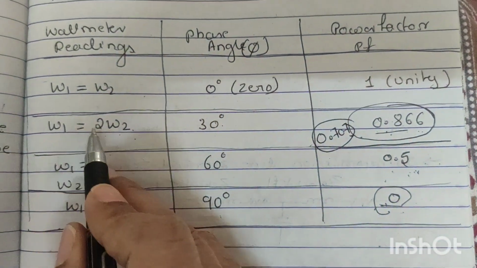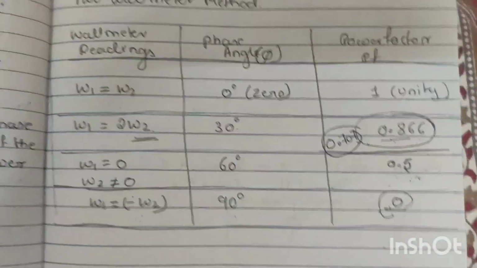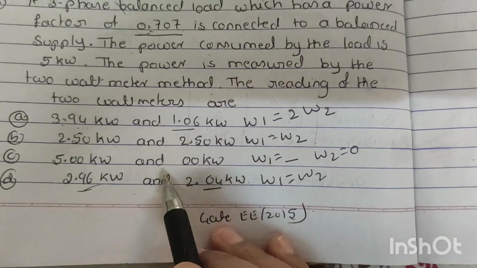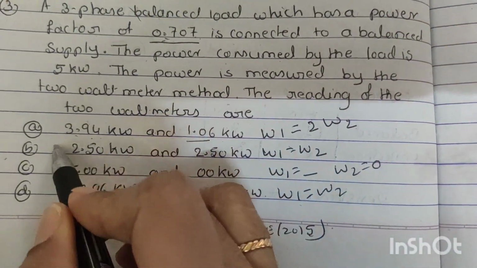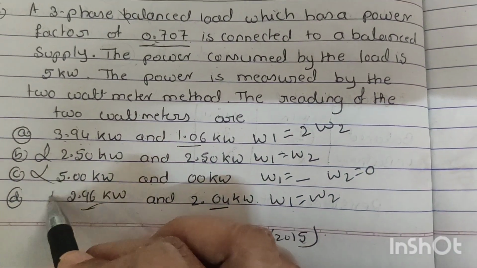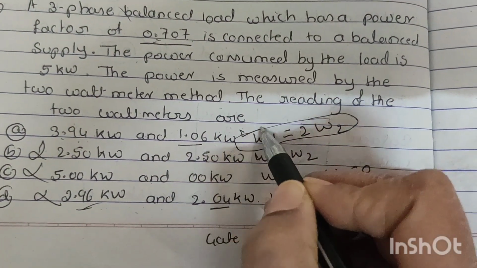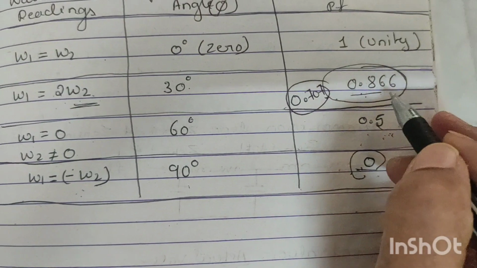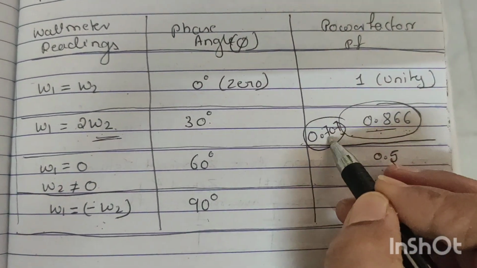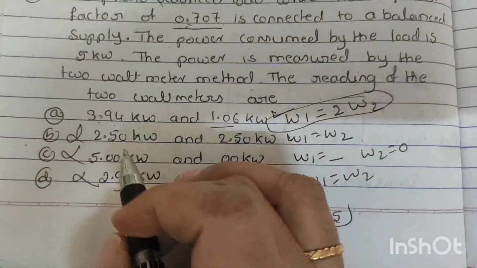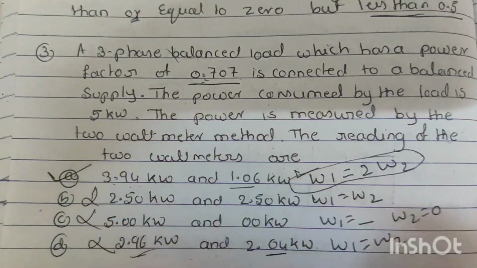So the condition will be like this only for the 2 wattmeters. By observing the options, W2 equal to 0 is not possible, and equal readings are also not possible. Only this one is nearer, matching this condition, so the wattmeter readings are also matching. Option A is correct.